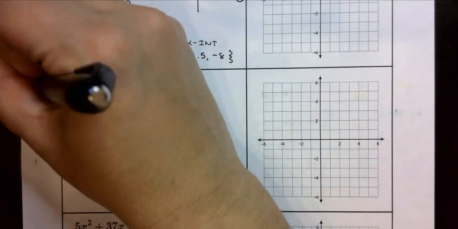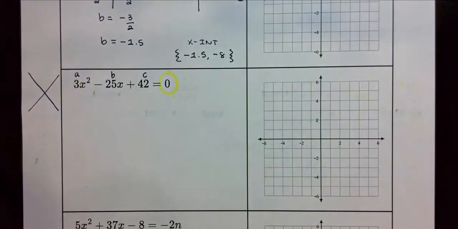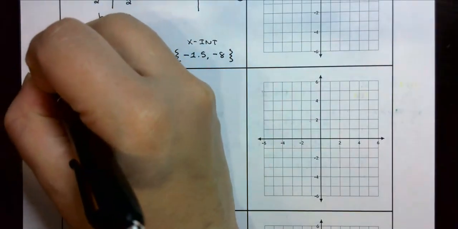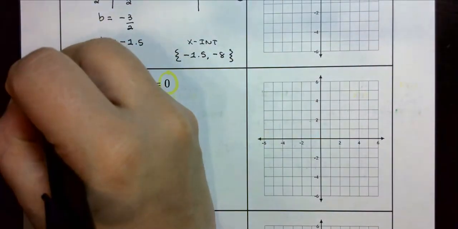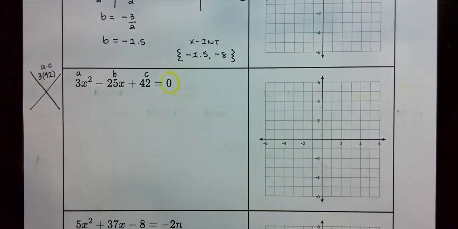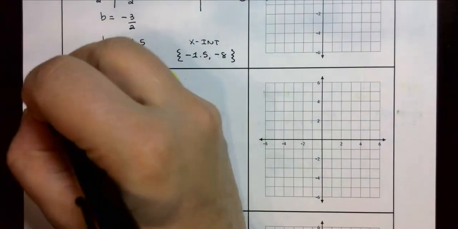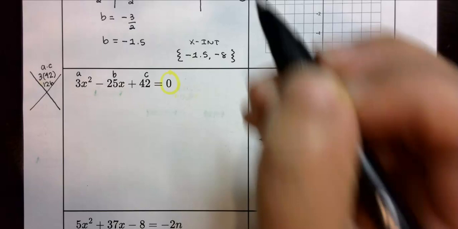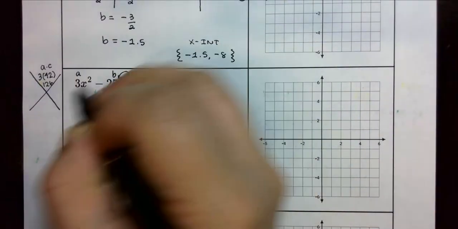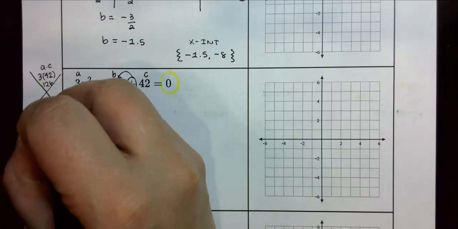So if you find it useful when we were working on it together, you can create your own X. So remember, we're multiplying A times C. So A is 3, C is 42. So let's multiply. 3 times 42 gives us 126. We're looking for things that add up to be 25. So I'm going to put minus 25x.